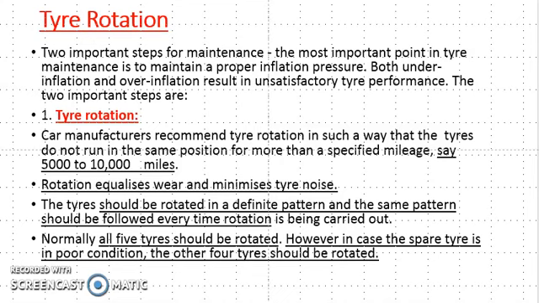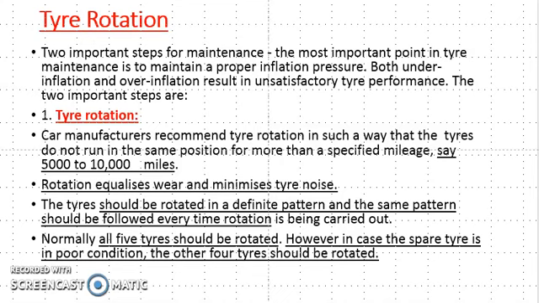For that purpose, for better performance of the tire, the automobile manufacturer or car manufacturer has recommended the rotation of the tire after some period of time or some kilometers of traveling of the vehicle.